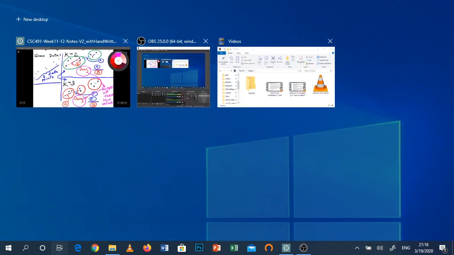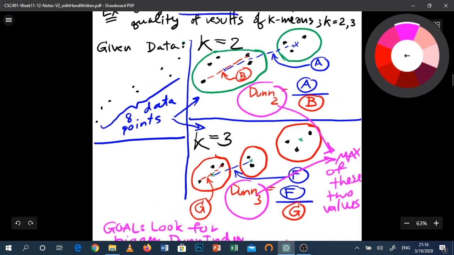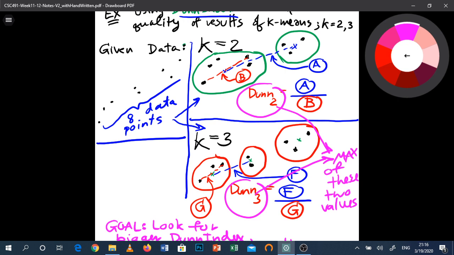You have to figure out whether Dunn at 2 is bigger than Dunn at 3 or not. Whichever is bigger represents the better quality of the clustering outcome. Well, that's it for now. Thank you. Goodbye.